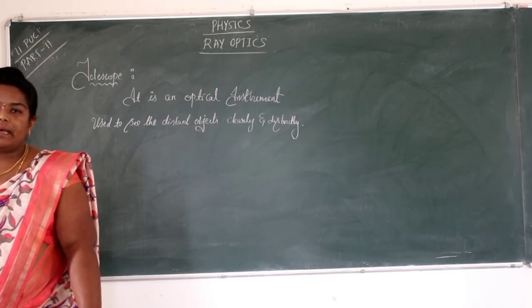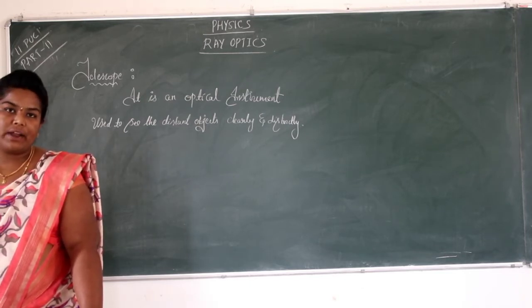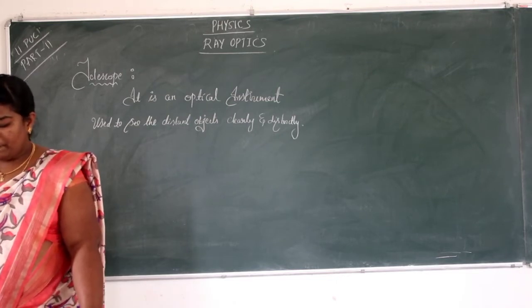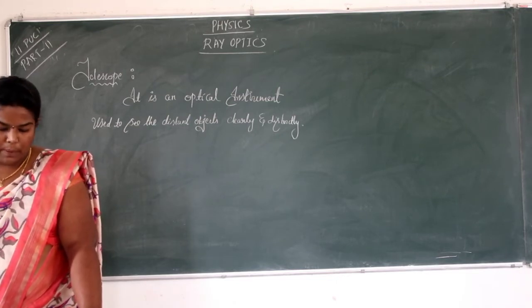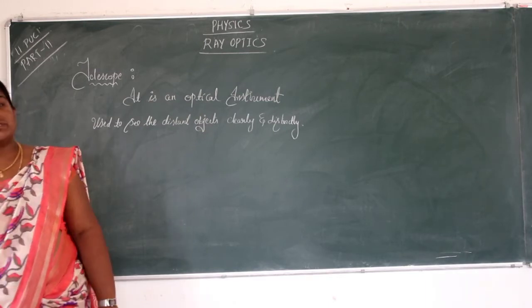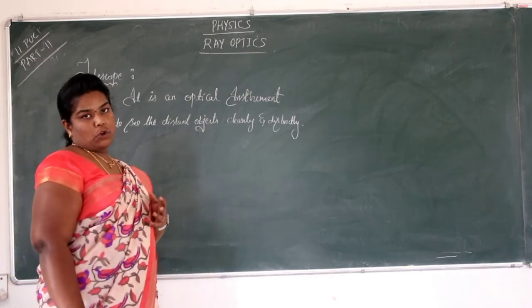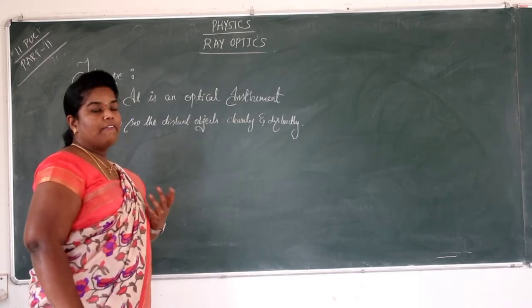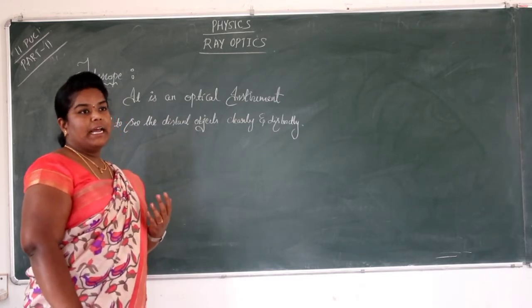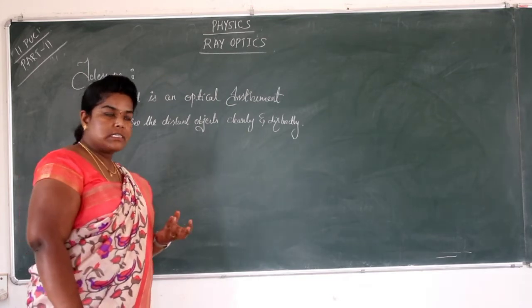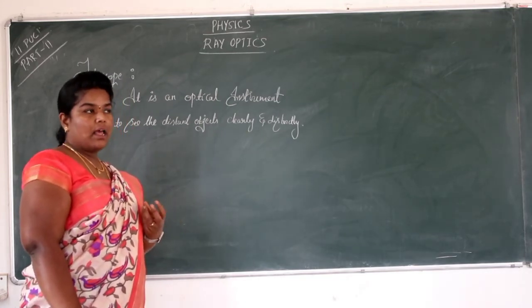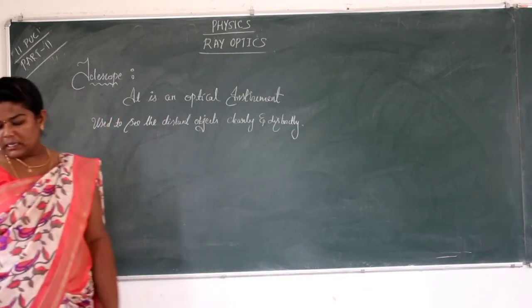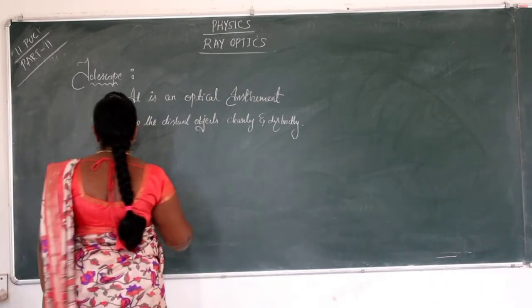To know clearly about these, first we should know where we use a telescope. We use a telescope to observe heavenly bodies. It can be used to observe the planets, the sun and stars.